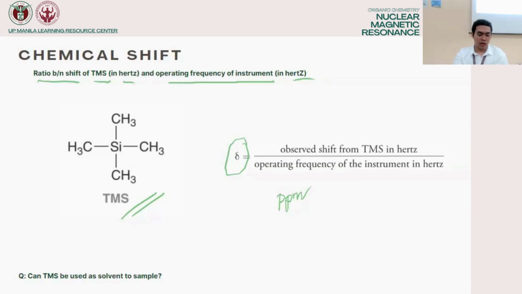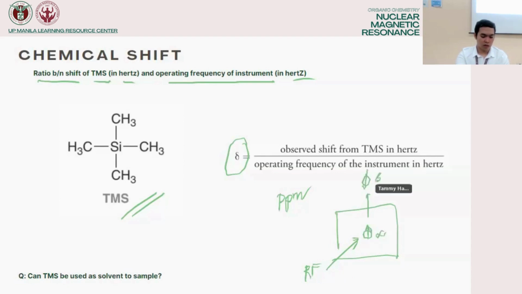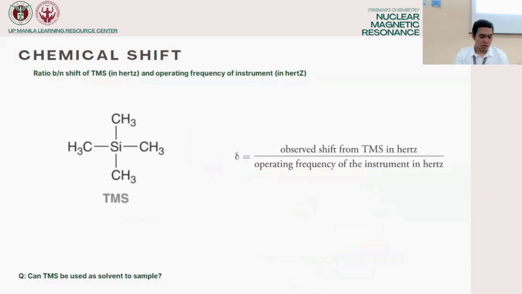So, kanina, nandun tayo sa illustration, merong nakaganon, RF dito. So, from your alpha state, mapupunta siya sa beta state. Kanina, di ba? This is your alpha, this is your beta. So, ito yung sinasabing operating frequency, yung nanggagaling dun sa mismong NMR natin. Okay? So, pero, it's a relative ratio.